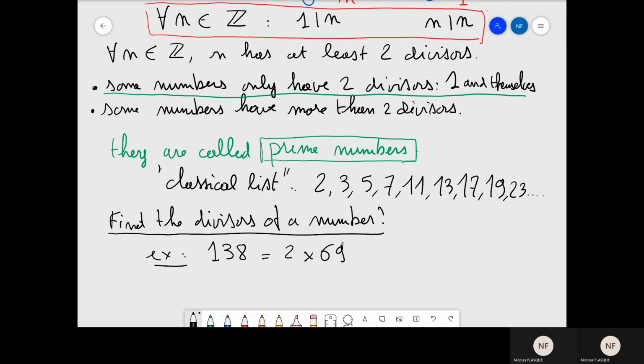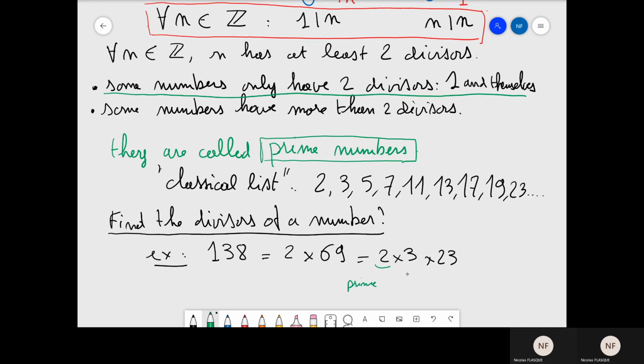As you can see, 69 has a common property of numbers: the sum of 6 and 9 is 15, which is a multiple of 3. So 69 is a multiple of 3. It's equal to 2 times 3 times 23.